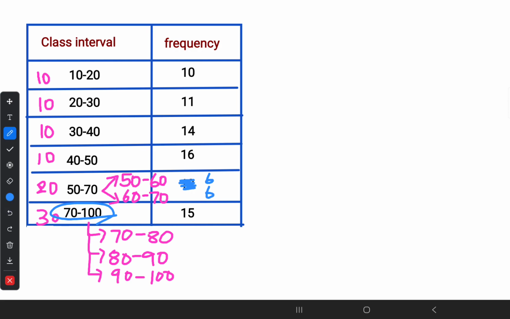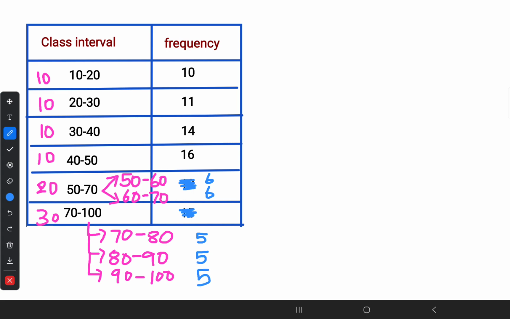So likewise, the 15 should be divided by 3. It should be distributed evenly among these three intervals. So 15 divided by 3 becomes 5, 5, 5.